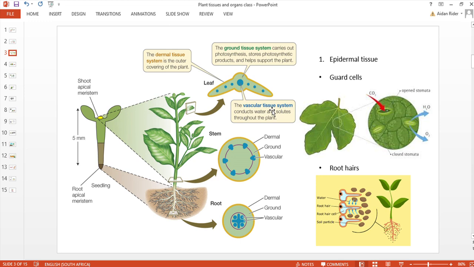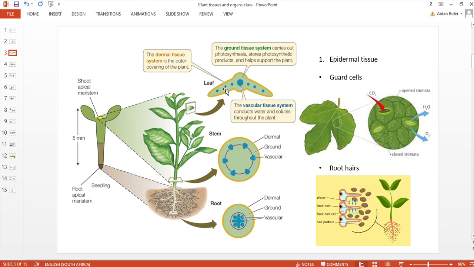Okay, so basically your dermal tissue, the epidermis, is the top layer of cells that protects your leaf. And also note that within the leaf, within the stem, and within the root, can you see the bundles of these tissues differ? Here it looks like a cross in the middle, which is what the vascular tissue forms. And here it looks like maybe a cross section of a watermelon with the pits in the middle.